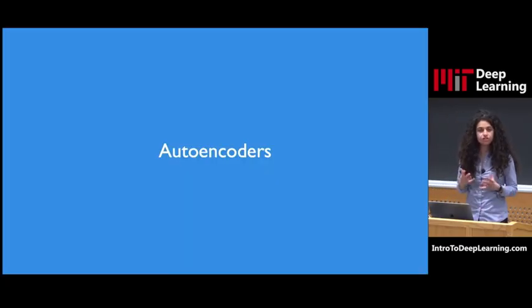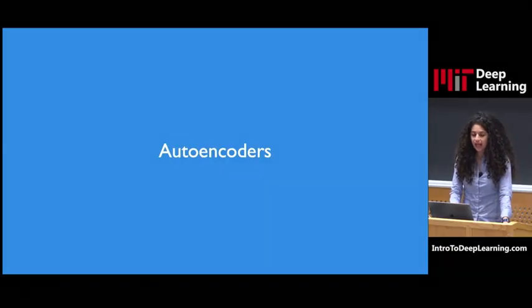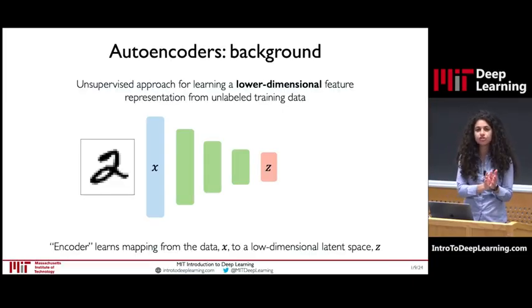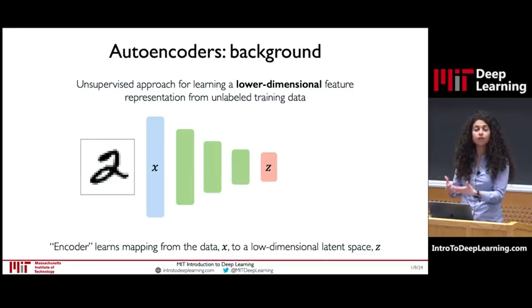To get a sense of how we can do this from a deep learning neural network architecture framework, we're going to start by talking about a really simple generative model called an autoencoder. The notion here is that we can take data and try to learn a lower dimensional encoding, some set of features that hopefully represents that data faithfully.